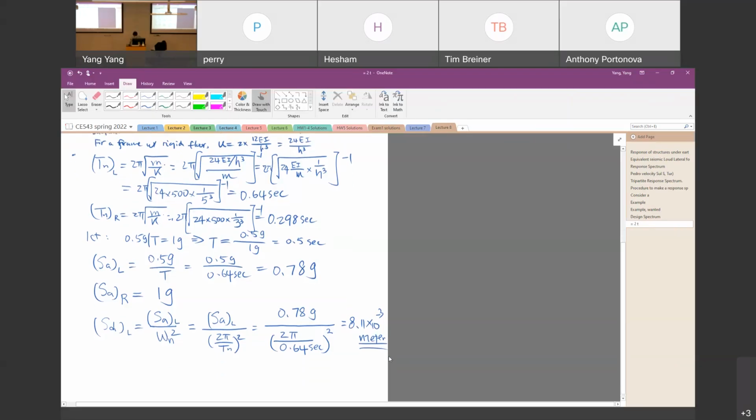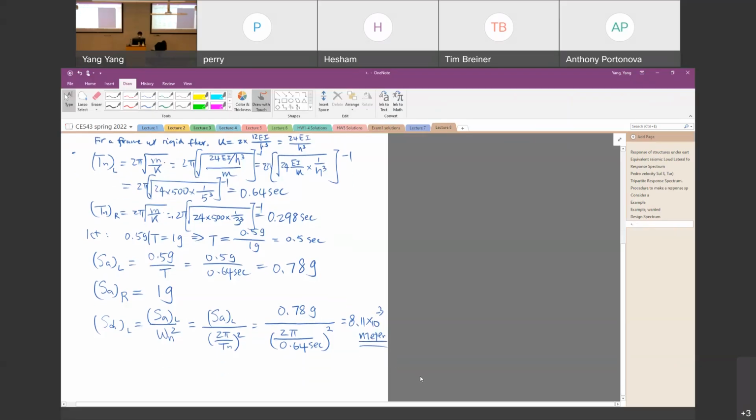That's in meters. Huge? No, I didn't see the -3 and I was like, oh, that's huge. Oh, that's negative, so that's small. That's only about 8 millimeters, which is only about 1/3 inch.